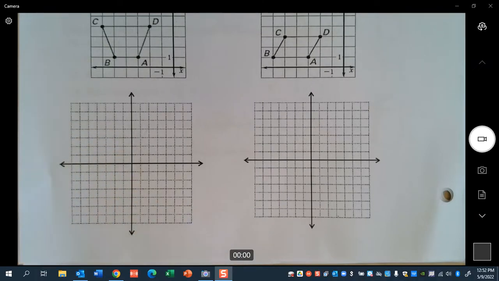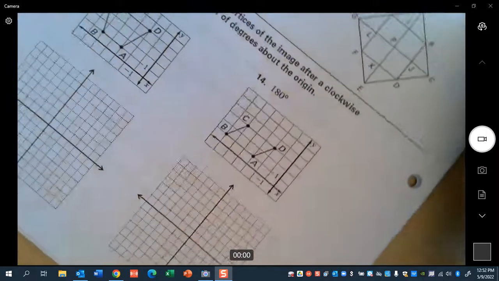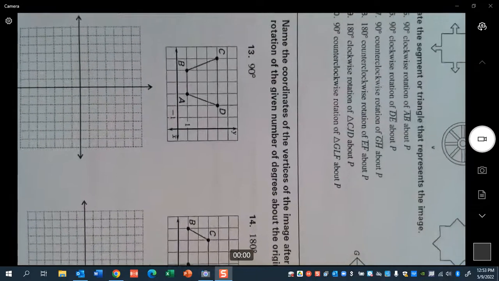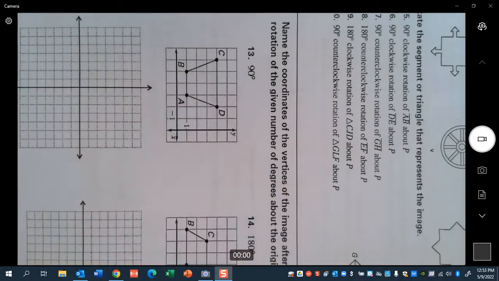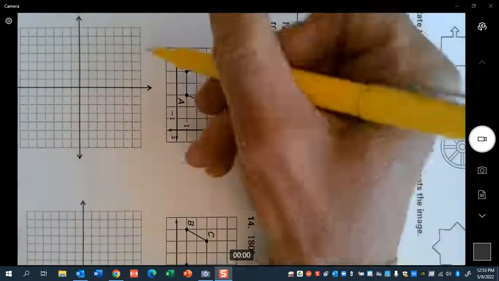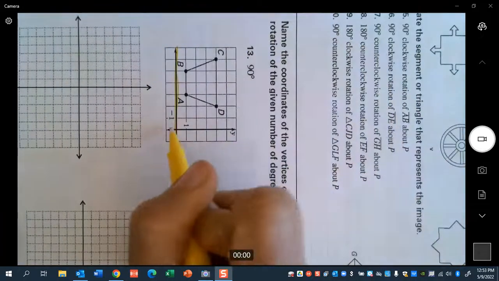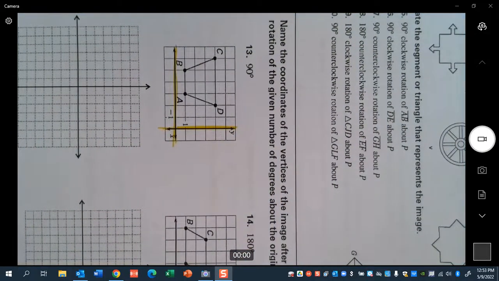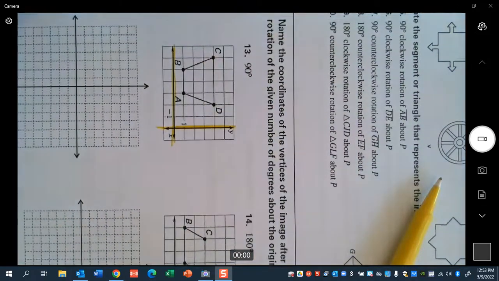If I were to rotate it 90 degrees clockwise, go ahead and take your paper and spin it 90 degrees clockwise. This is what the figure will look like when you graph it. Instead of this being your x-axis, when you spin it, it becomes your y, and here's your x. So your figure is going to sit right here in your quadrant 1.